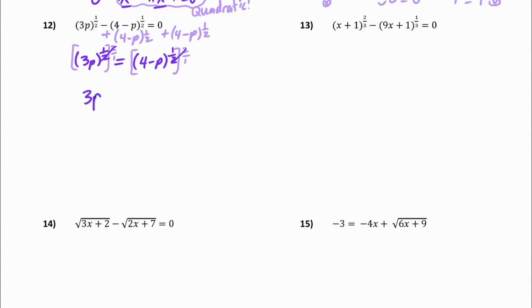And so I'm left with 3p equals 4 minus p, which is really easy. Now keep in mind I have p and p and p and p and p in my question, and I haven't gotten p squared anywhere. So for this problem, I'm not really introducing any extraneous solutions. If I add p to the left to get 4p equals 4, dividing by 4, I get p equals 1.